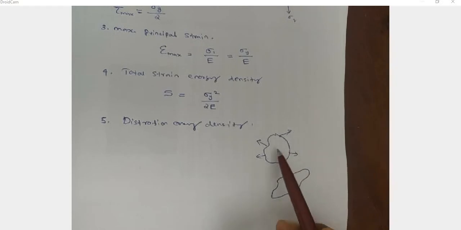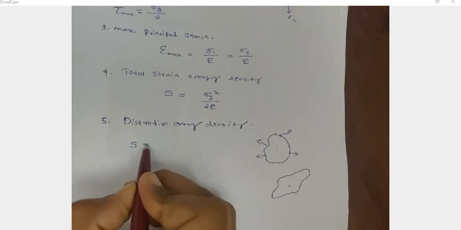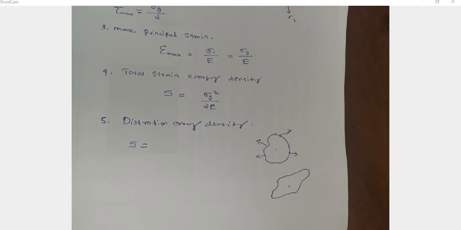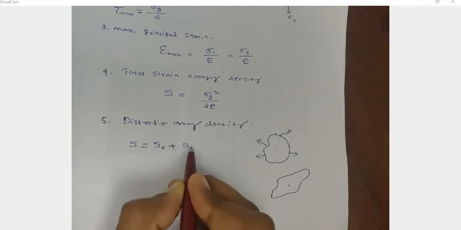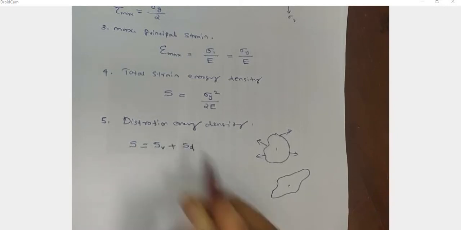When we apply an external load, this member is deformed like this, and this deformed body has some strain energy. So the total strain energy is equal to volumetric strain energy plus distortion strain energy.